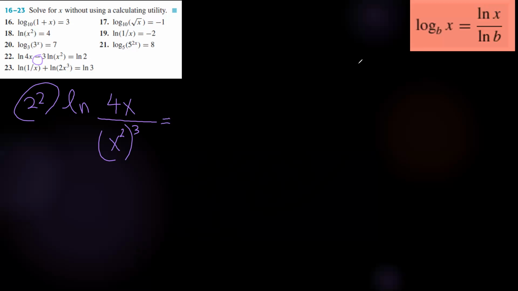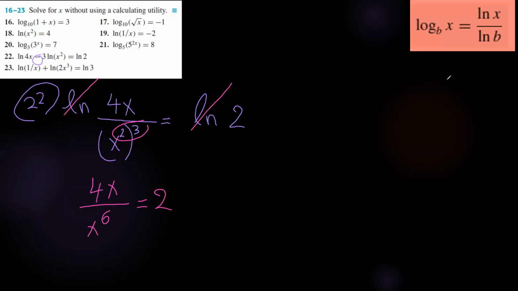So here we have 4x over x squared cubed equals ln 2. Then ln cancels ln, so 4x over, here we have an exponent raised to an exponent, so it will be x to the power 6, is equal to 2.